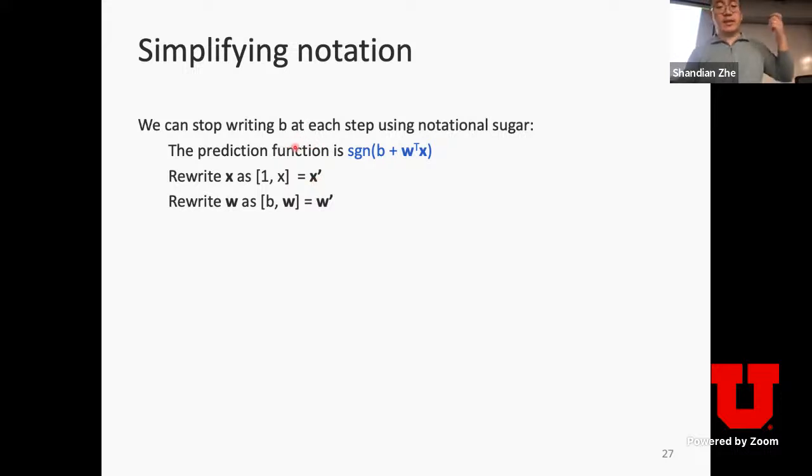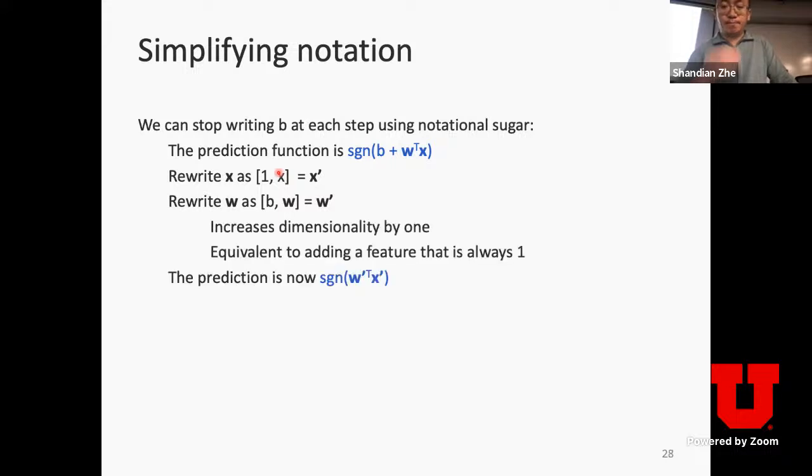X prime is nothing different from X, except that I insert one constant number, 1. The benefit is that I can fold the bias term into the weight vector to get a new weight vector. B corresponds to 1, and the original weight vector W corresponds to our original feature vector X. Then we can simplify the prediction as just the dot product between W prime and X prime, and then take the sign.